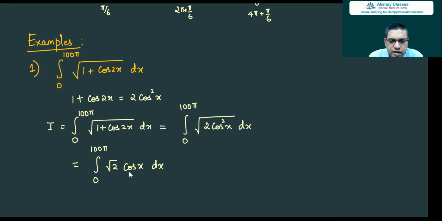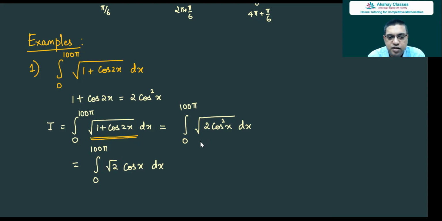The minute you write it as cos x, you are saying that the cos x values can take negative values also. So this integrand can be negative, but our original integrand is not negative, it is positive.